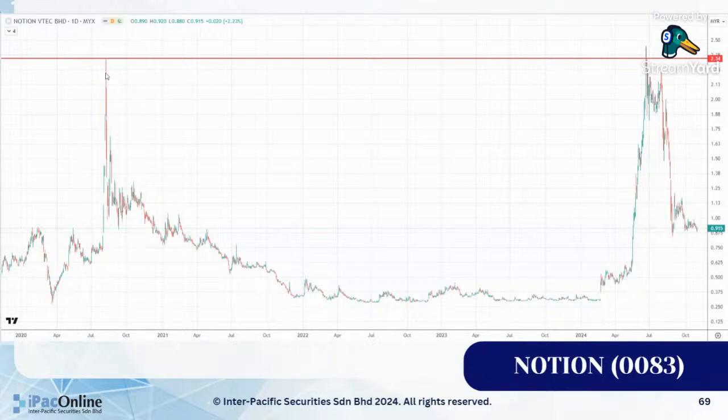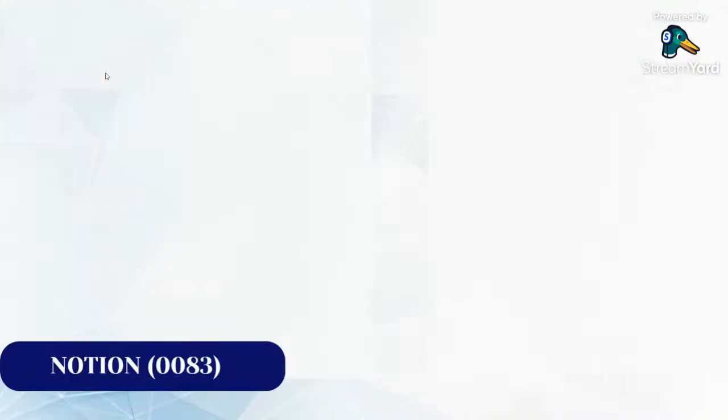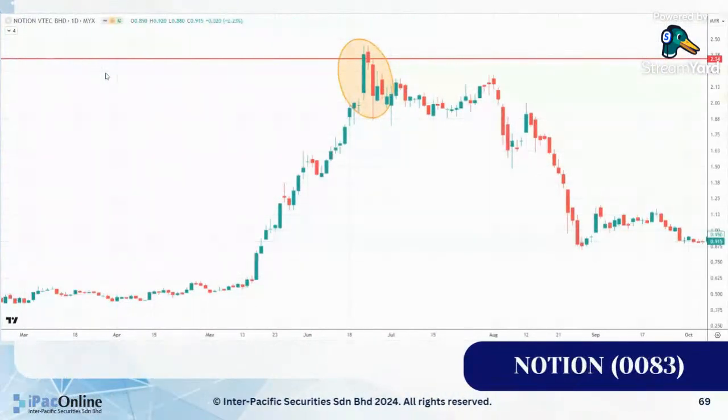Okay, so if we are trading on Notion, this counter, and we look back at the historical chart movement, and we realize that it has this key resistance level, which is the 4 years high at 2 ringgit 34 cents, I really want to be more careful when the share price trades to that area. Especially if we look into the chart, the candlestick patterns, we are seeing an evening star forming over there.